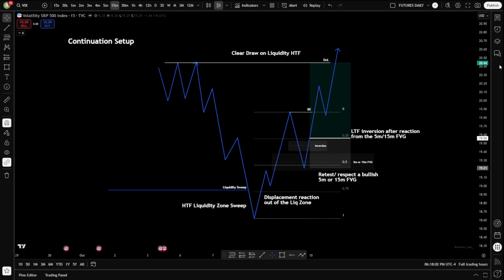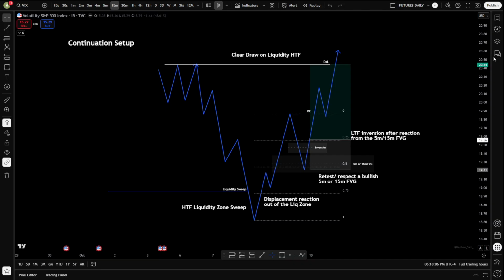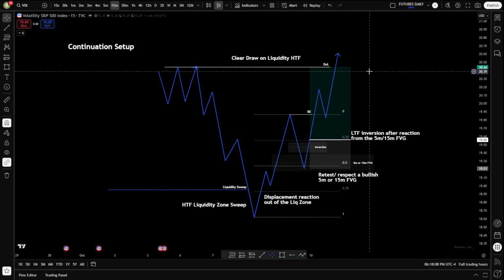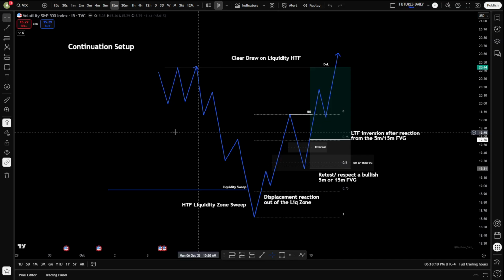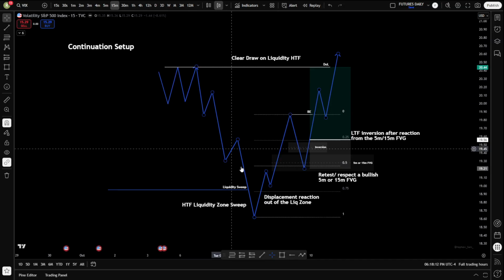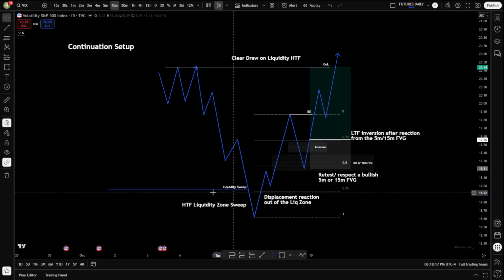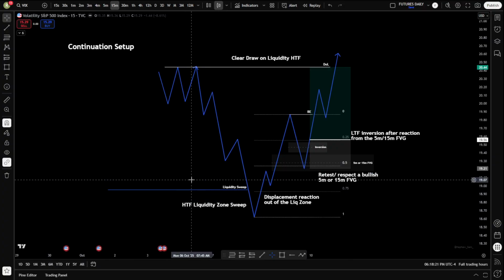So basically what the continuation setup is, if you can see on my screen here, we have a clear draw on liquidity. We have a manipulation to liquidity at an opposing area. So here I just marked out some examples. This is just a liquidity sweep. This could be like a session low or high.